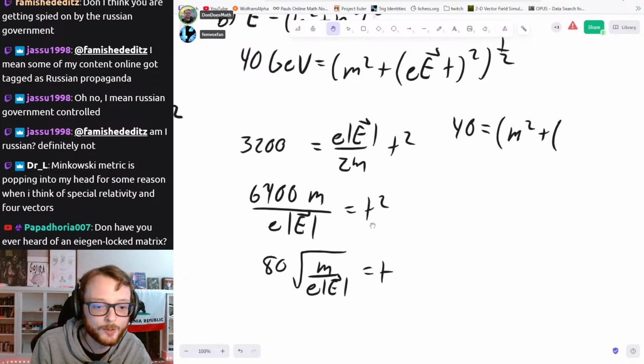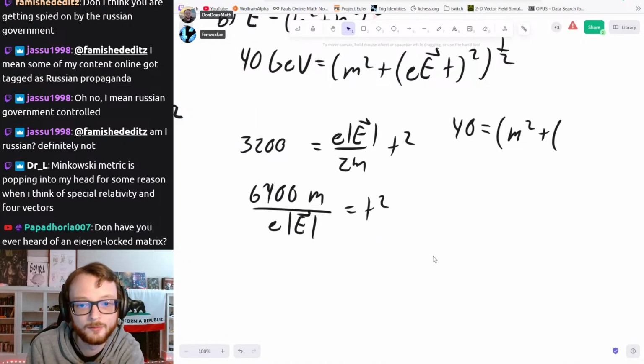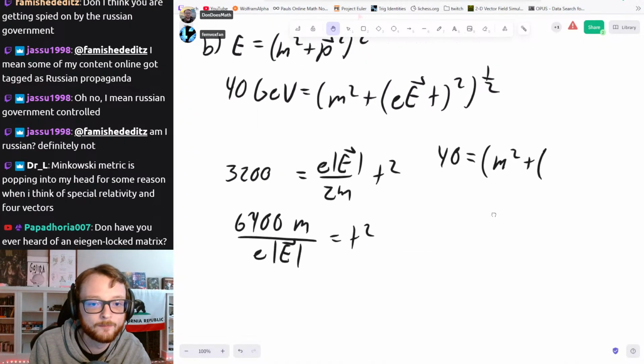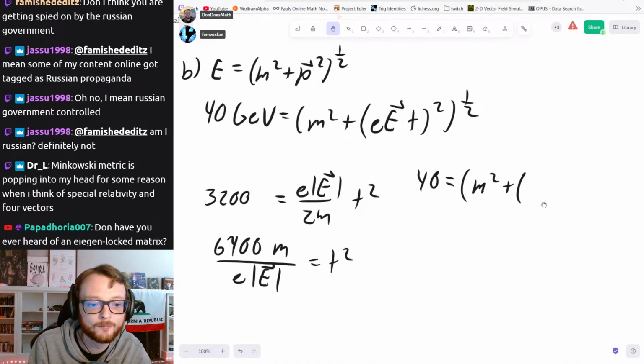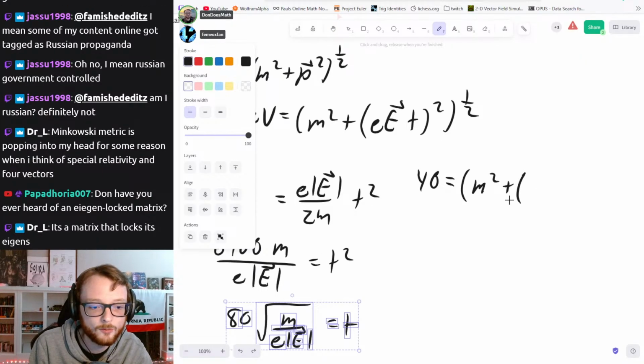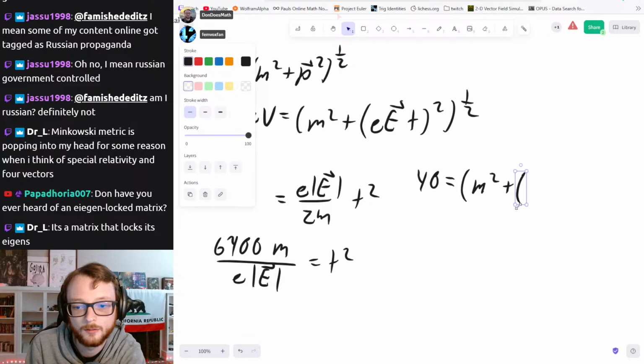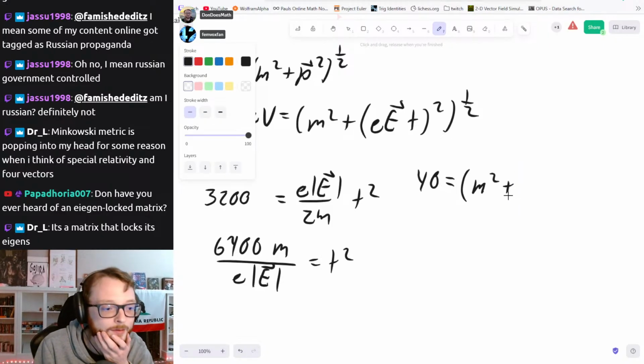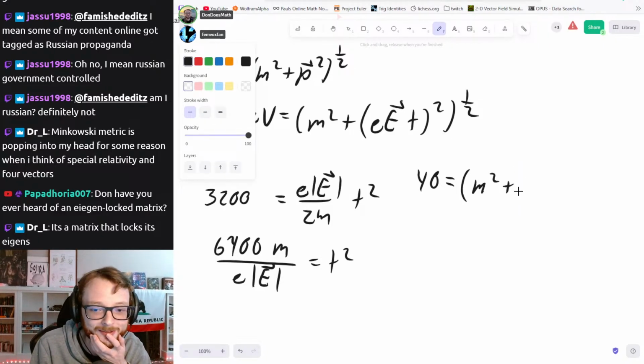Oh, we want T squared anyway. Oh, no. Get rid of that. It's a matrix that locks its eigens. It sure is.